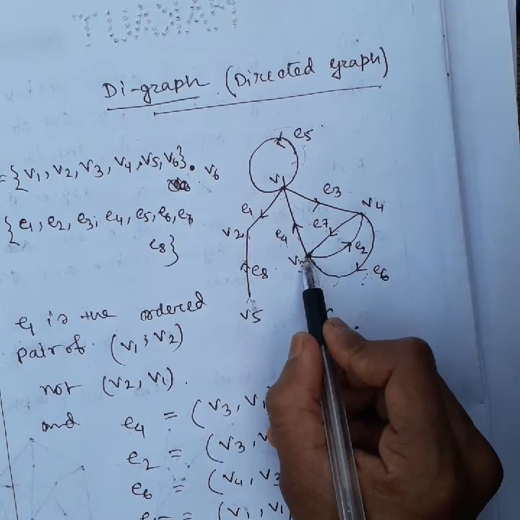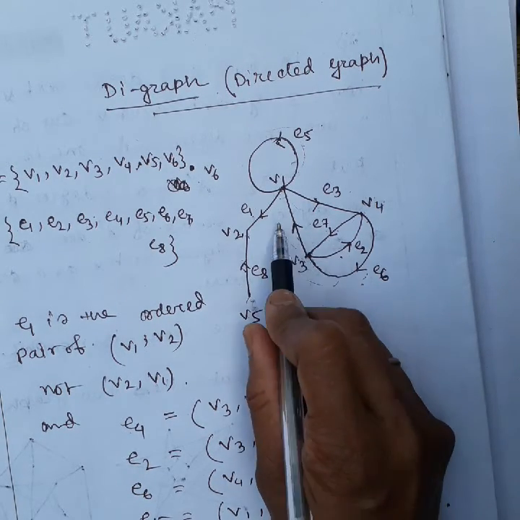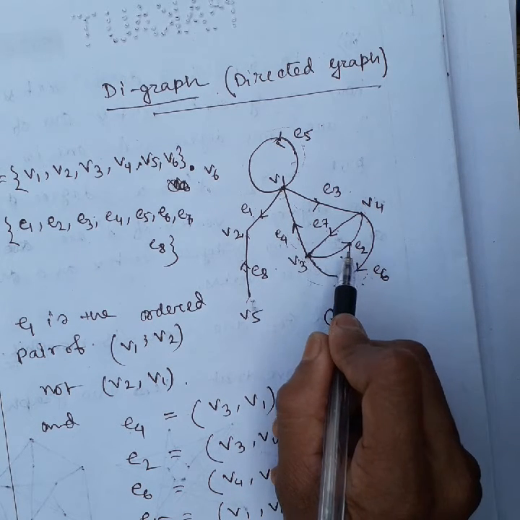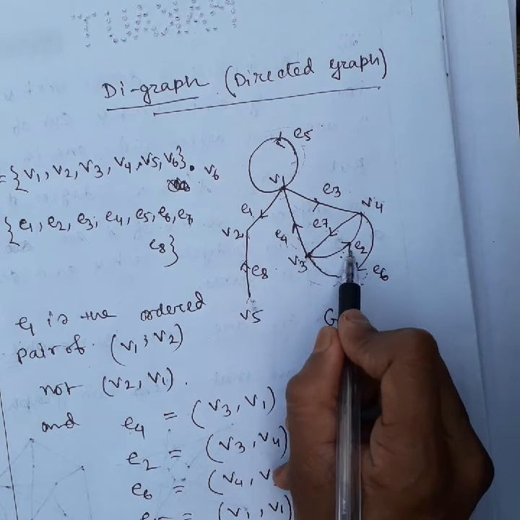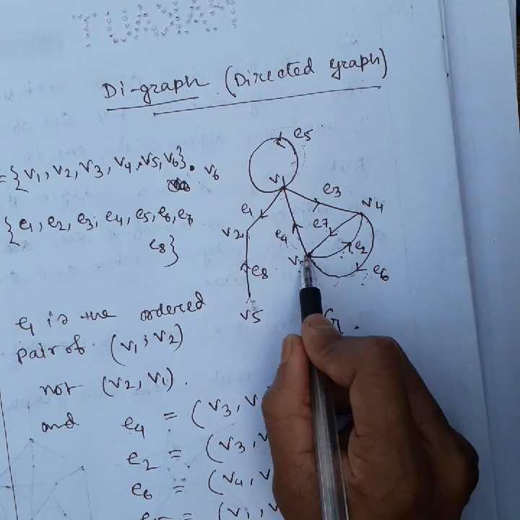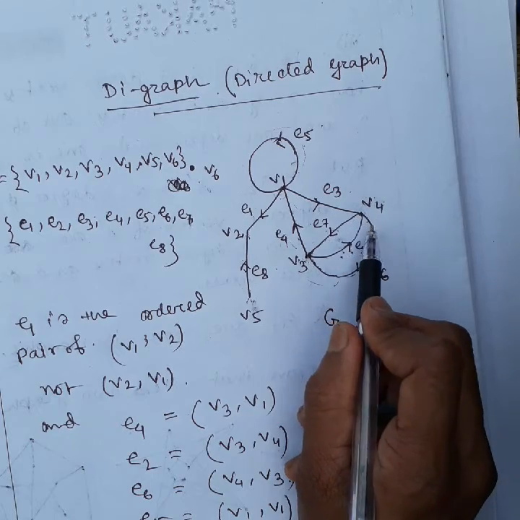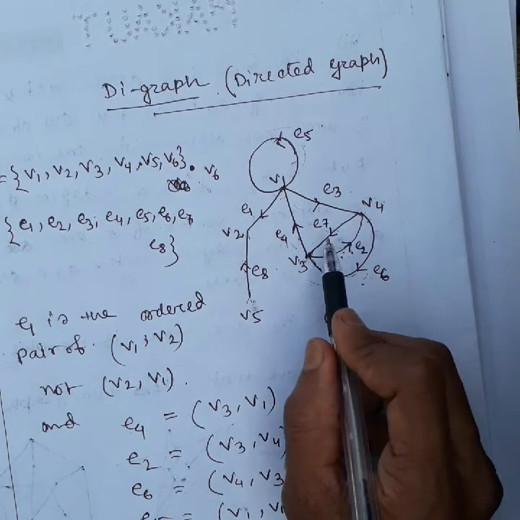In our previous example, in this figure, the out degree of V3 is 2 because E4 and E2 are incident out of V3. So out degree is 2 and in degree is also 2. In V4, the out degree is 2 and the in degree is also 2.